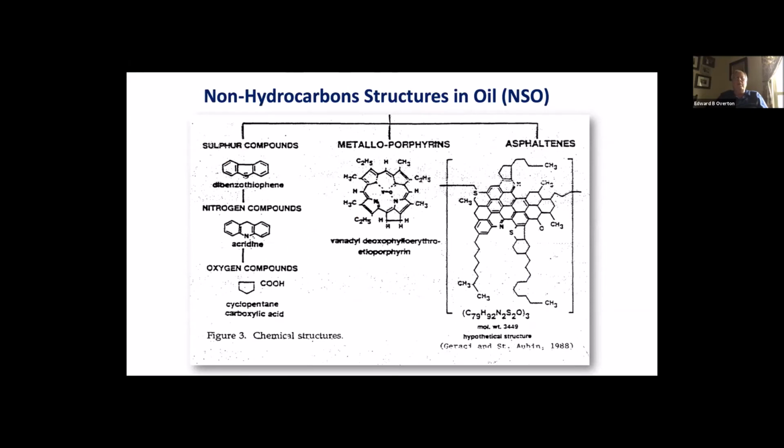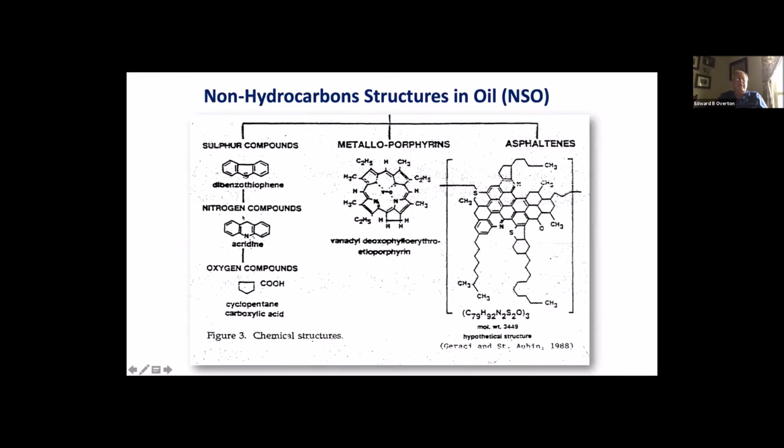In addition to just the straight hydrocarbons, some of the compounds in oil contain heteroatoms. For example, this compound contains a sulfur atom on this 5-membered ring, right? So this is called thiophene. This is a 5-membered ring. And in this case, we have 2 aromatic rings, so we call it dibenzothiophene.